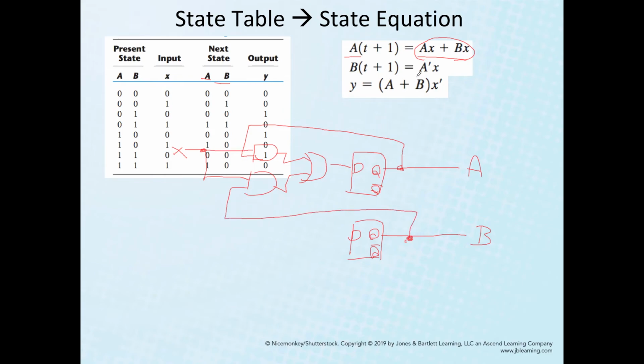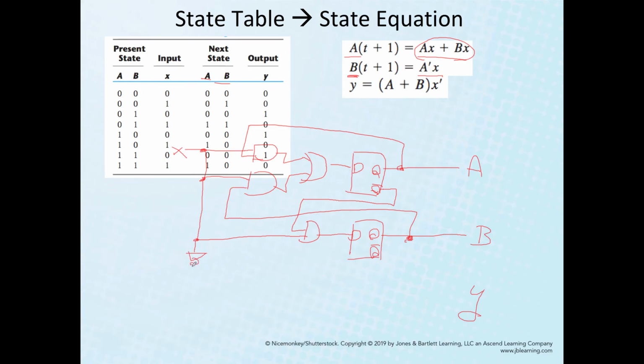And then for the B flip-flop, the input is A not X, so A not is here, an inversion of A, an AND gate, and then X, we get X from here. And then for Y, what you get is A or B, and X not. So let's make X not here.